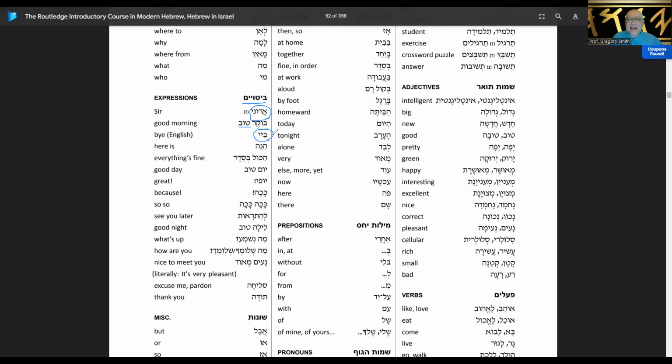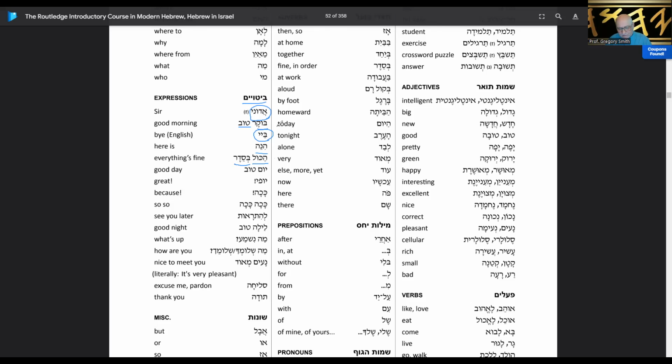They actually use an English word in Hebrew. They actually say bye. Okay, hine, here is hine. Hakol beseder. Look at that, hakol beseder. Everything's fine. I think that's what that is.